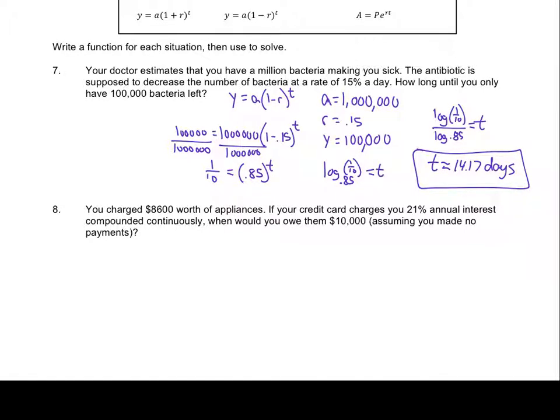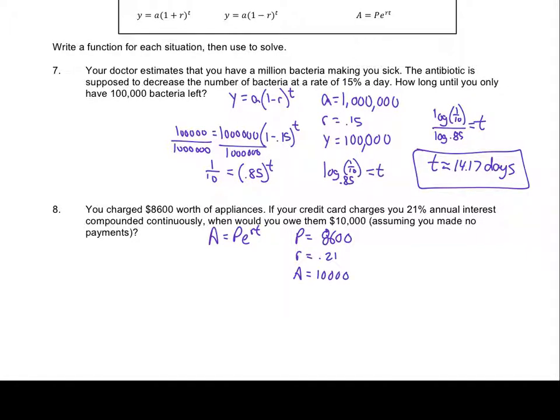Now we're using a credit card to buy $8,600 worth of appliances with a 21% rate compounded continuously. So A equals P times e to the rt. P equals 8,600. r equals 0.21. A equals 10,000.